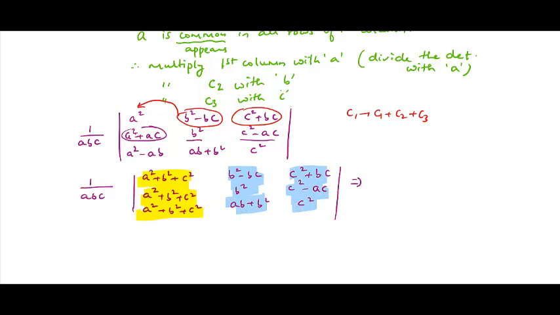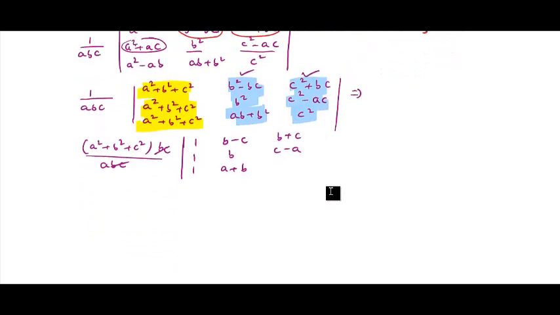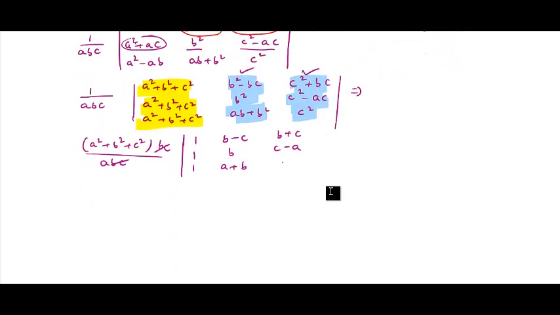As a result of this, I get A square plus B square plus C square, which is common from the first column, ABC which was outside earlier, and then we took B common and C common from the second and third columns. BC and BC will cancel. You are left with 1, 1, 1. This is B minus C, B, A plus B, and then you have B plus C, C minus A, and then C.